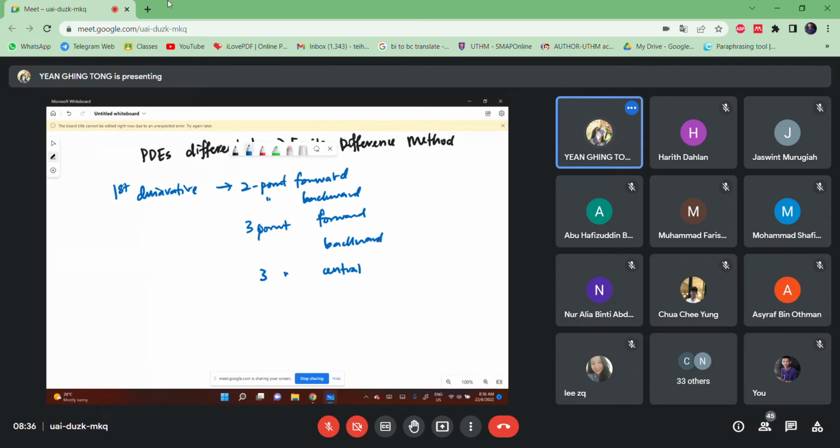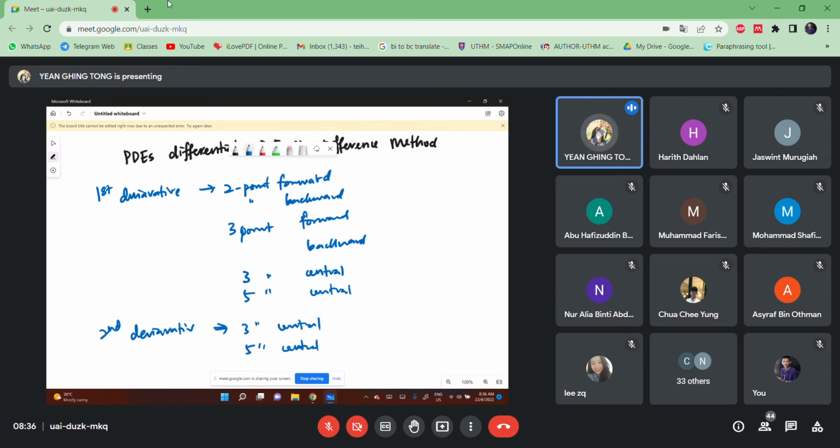And then for the second derivative, kita ada 3 point central dengan 5 point central. Okay, in exam, the formula of all this one will be given. Yang ni given, but for the PDE, it will not be given.